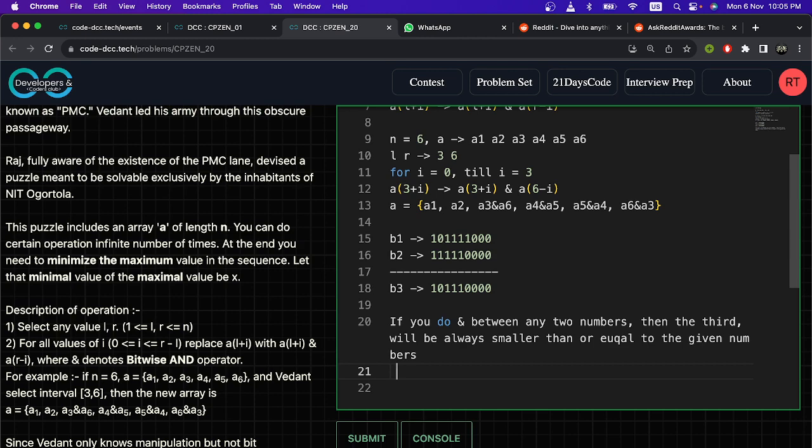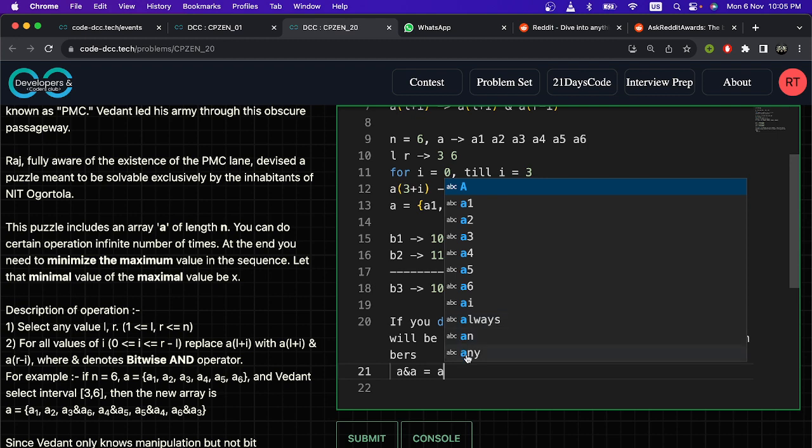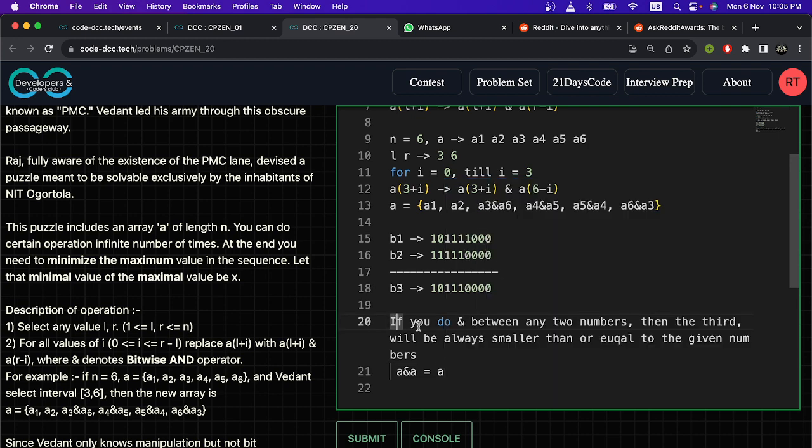So like A AND A is equal to A. And you see, you just have to make the maximum element smaller, right? So it's beneficial if you do the AND operation many times.